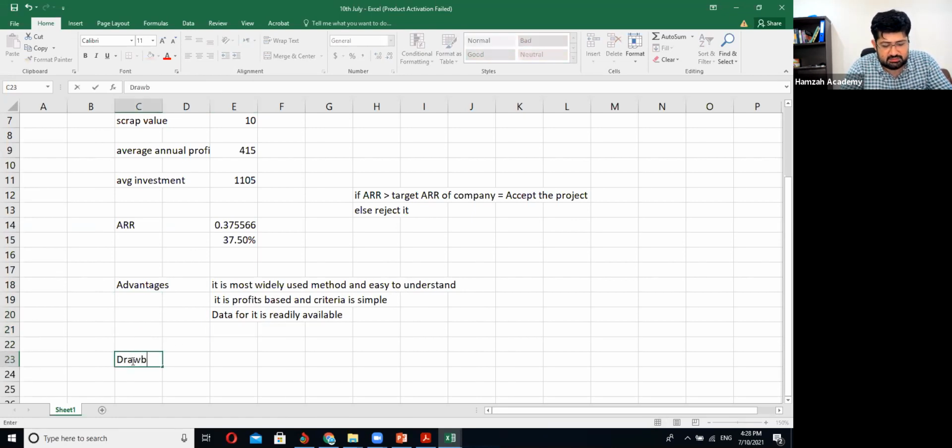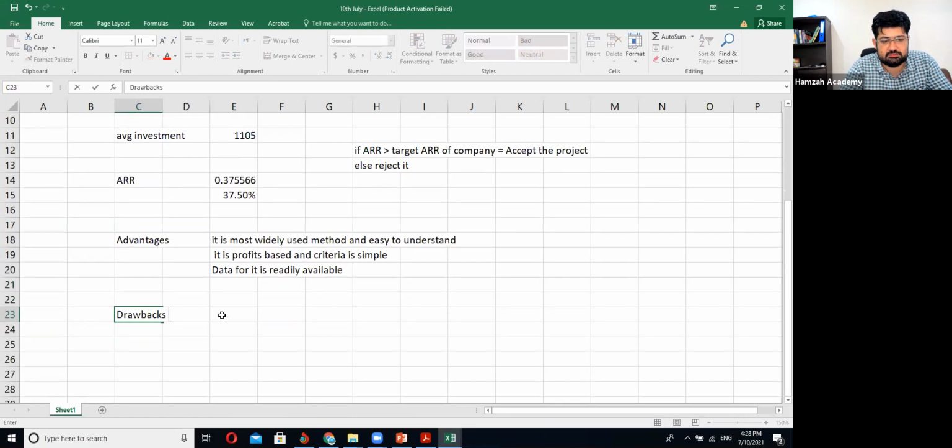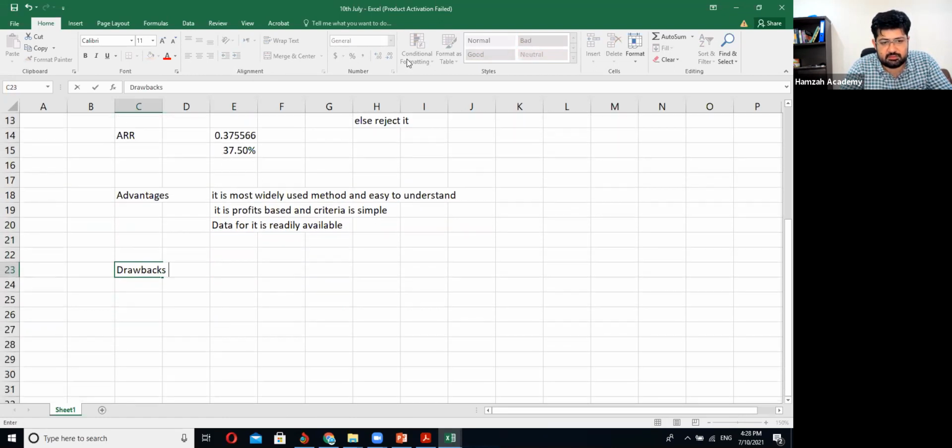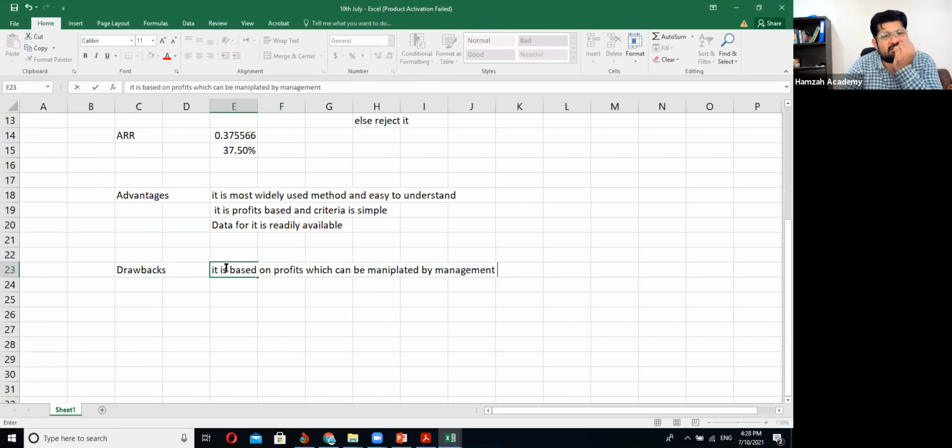Drawbacks. What are the drawbacks? The first drawback is it is based on profits, which can be manipulated by management, by increasing or decreasing depreciation and provisions.